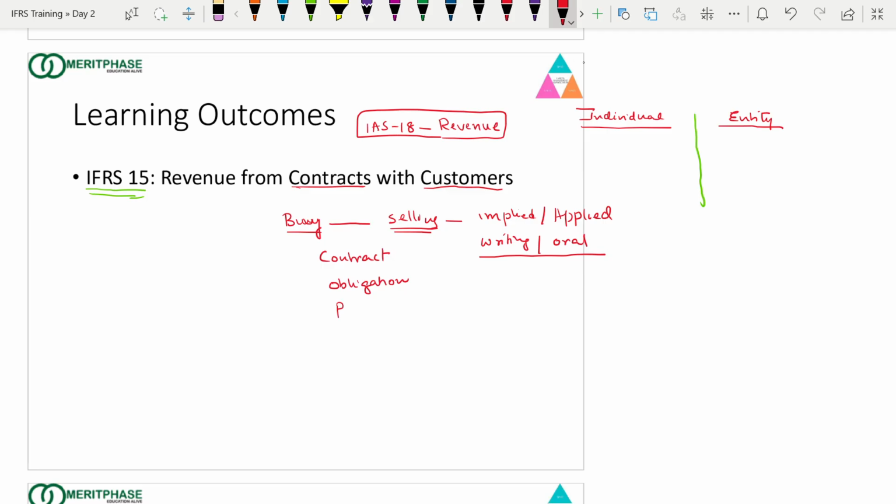That obligation is a performance obligation, and it should also very clearly have a price element. If there is no price element, nothing will happen.